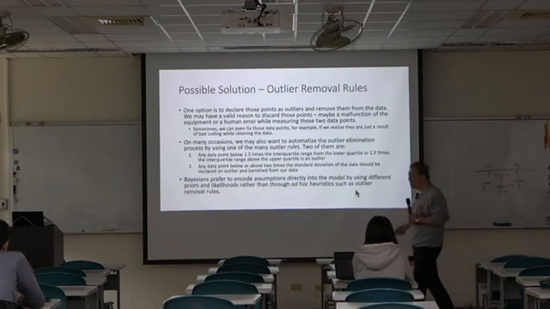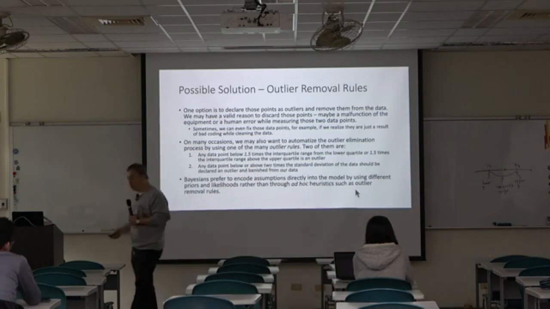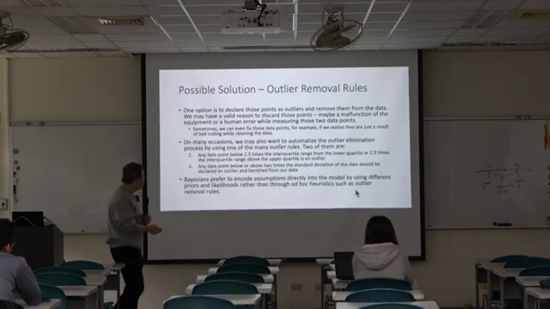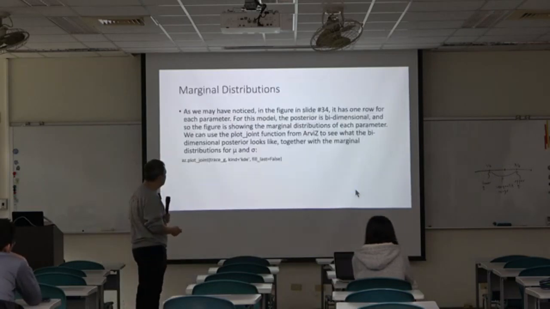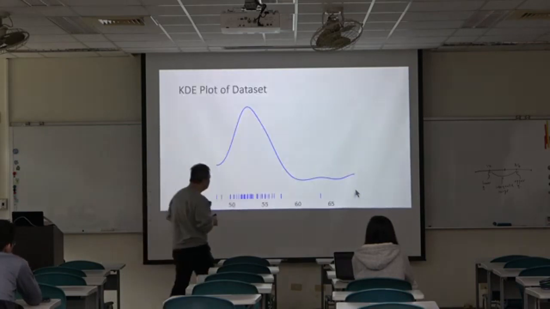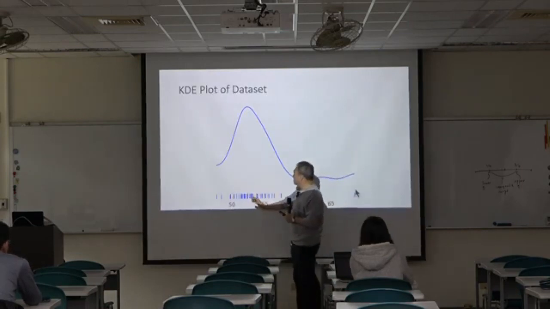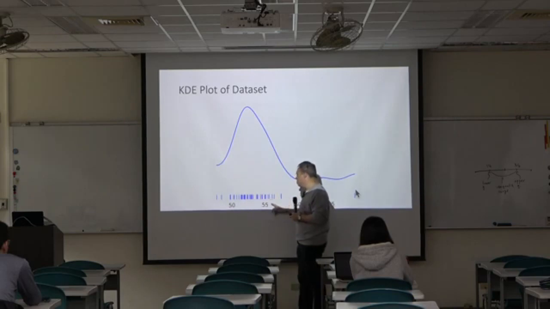Obviously, if you apply one of these two rules, it looks like you are able to get rid of these two outliers, because it looks to us like the mu should be somewhere here, and the standard deviation should not be too far away from it.